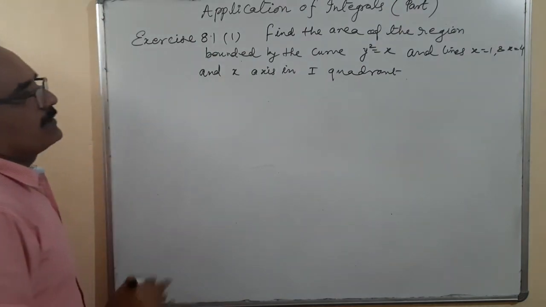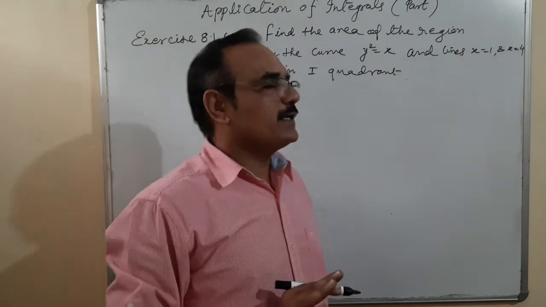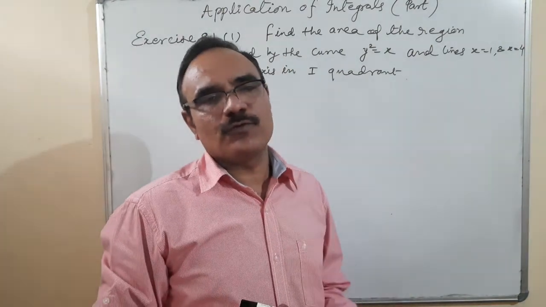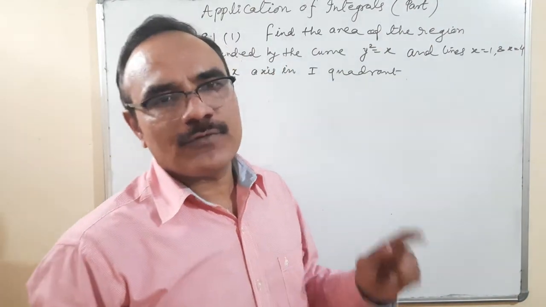Okay, complete description is given. Find the area of the region bounded by y square is equal to x, lines x is equal to 1, x is equal to 4, and the x-axis in the first quadrant.